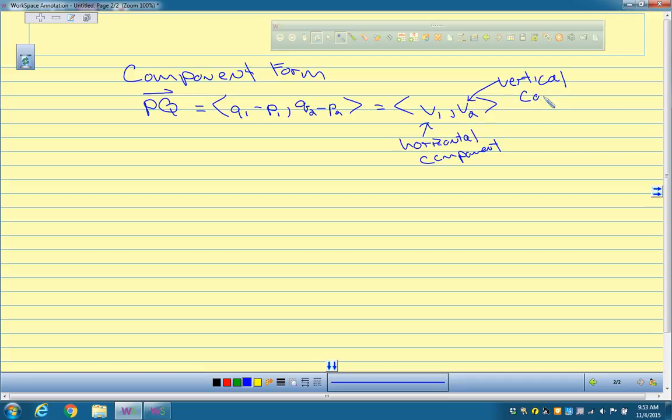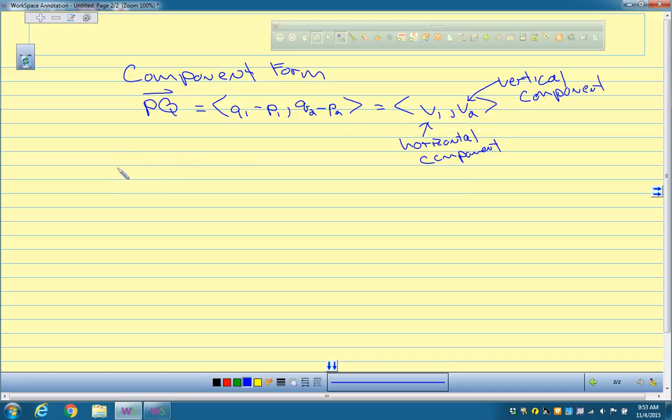And so what this means is you take the x-coordinate of the endpoint and the x-coordinate of the start point, and you subtract them. And this is the y-coordinate of the endpoint, and this is the y-coordinate of the start point. Okay? So I'll show you in a minute.